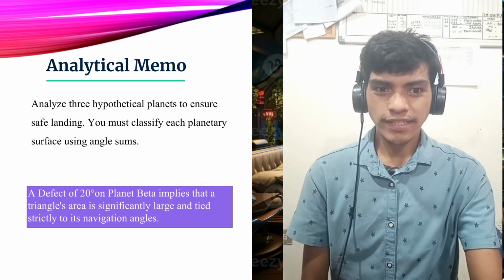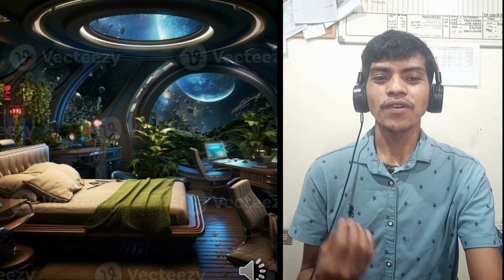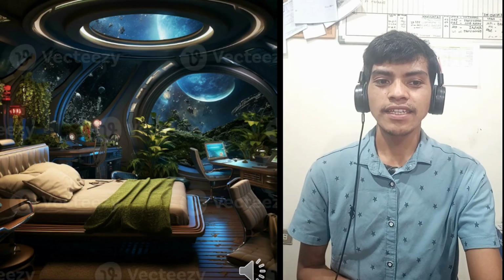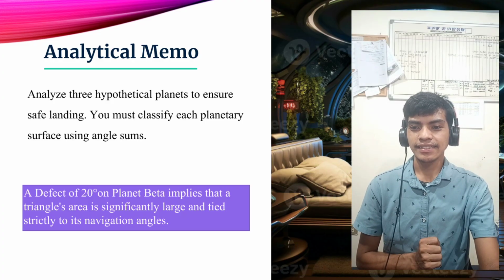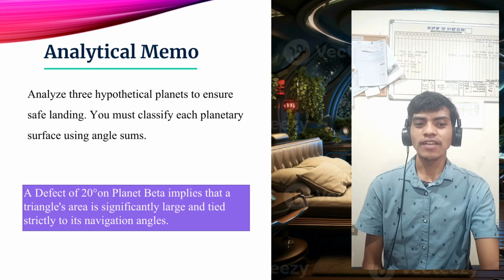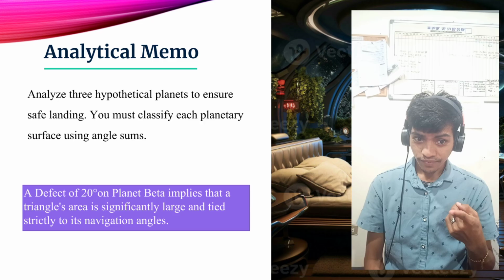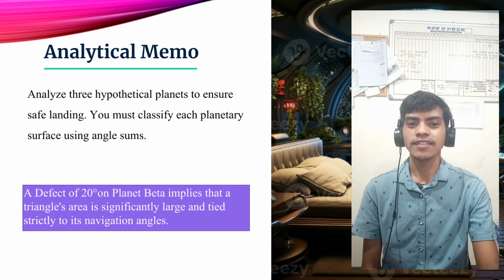Now, it's time for your actual mission. As space surveyors for the Department of Planetary Science, you must analyze planet Beta. If it has a defect of 20 degrees, what can you conclude about the size of a triangle shown there? You must try it. Thank you.